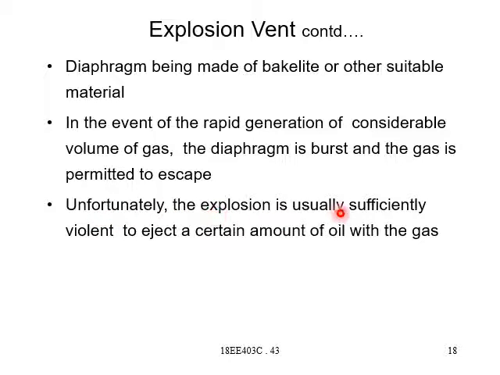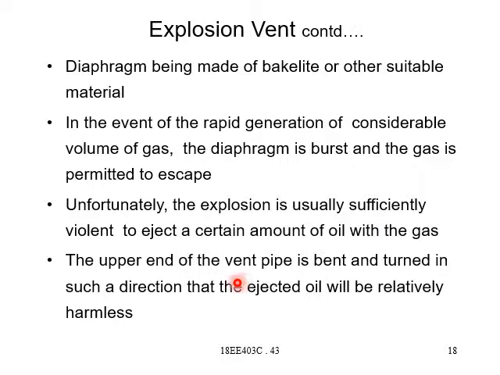Unfortunately, the explosion is usually sufficiently violent to eject a certain amount of oil with the gas. The upper end of the vent pipe is bent and turned in such a direction that the ejected oil will be relatively harmless.